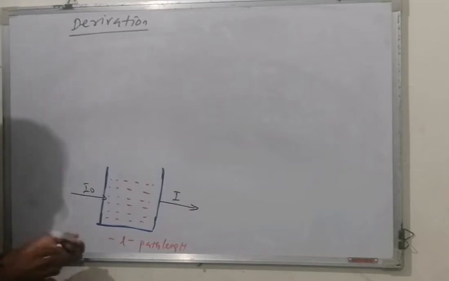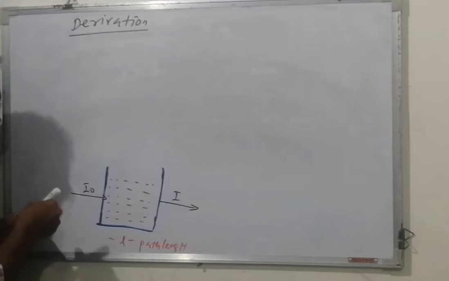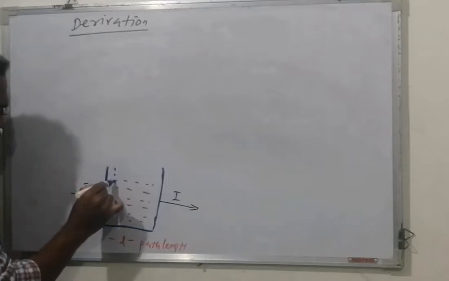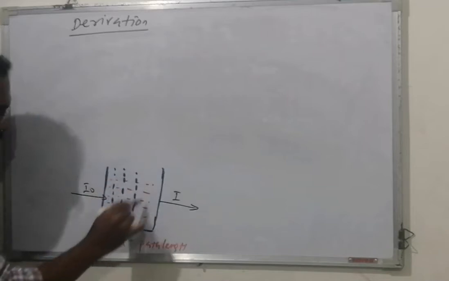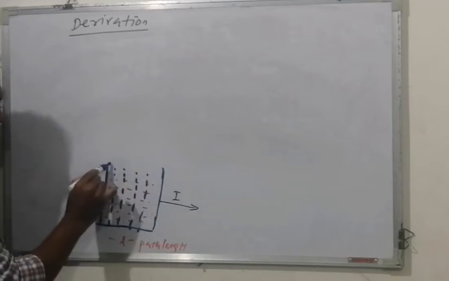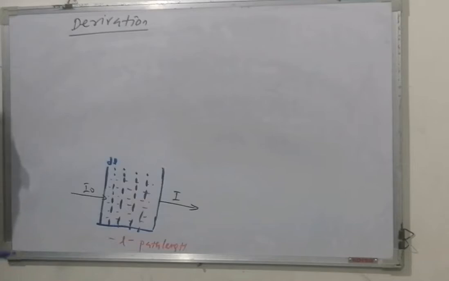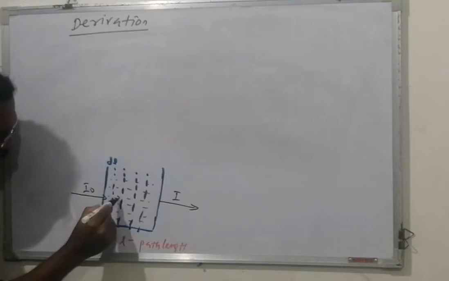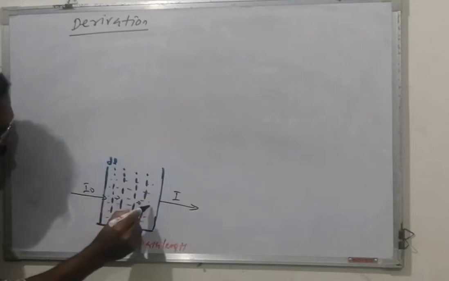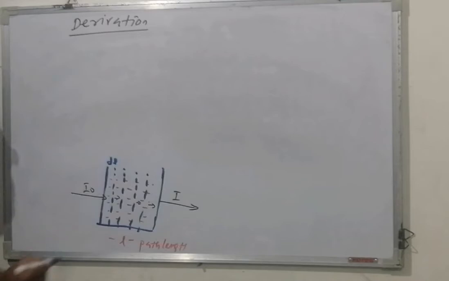Suppose you divide this cuvette into imaginary small cuvettes like this, with a path length distance dl. Now your light enters into this small cuvette, comes out, and goes into the next like that.